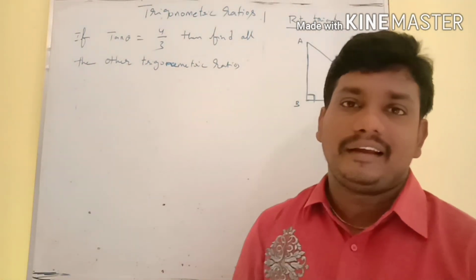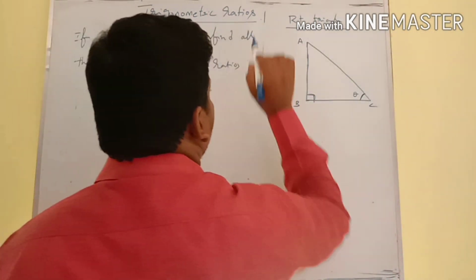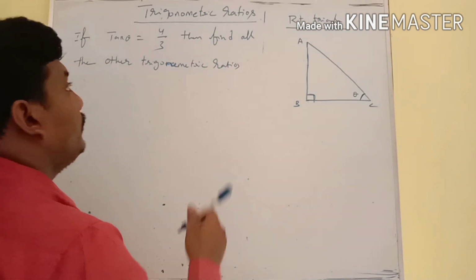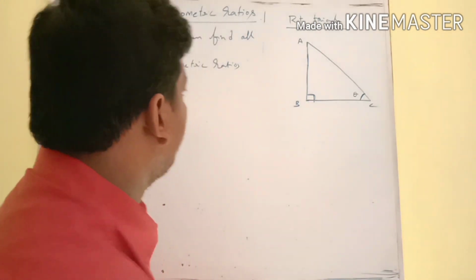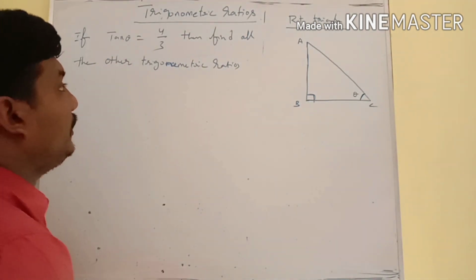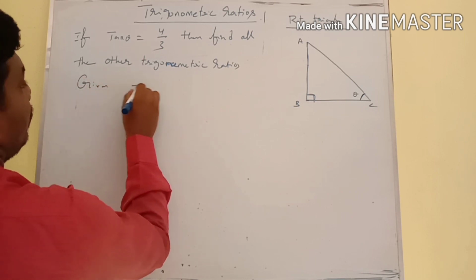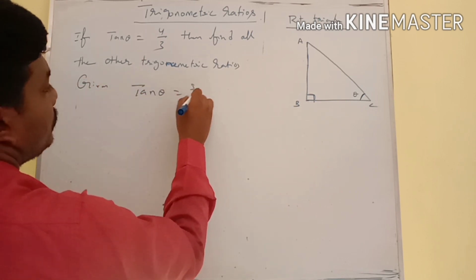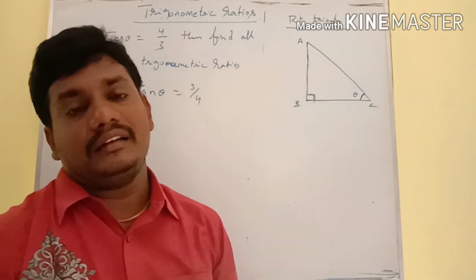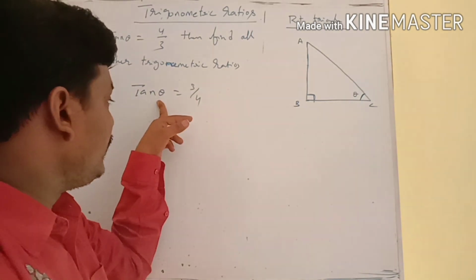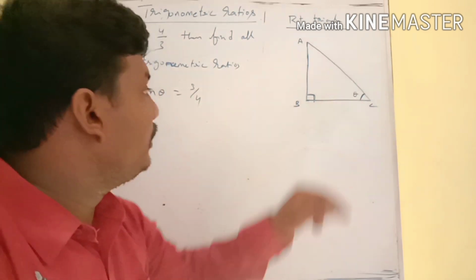This concept is applicable only for right angle triangles, which is why we mostly use right angle triangles in trigonometry. Now, given tan theta is equal to 3 by 4, I am going to consider a right angle triangle ABC, with theta as the observation angle at angle C.